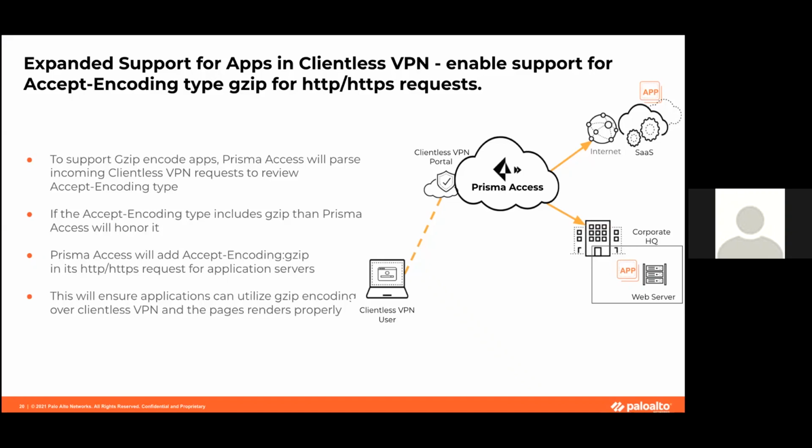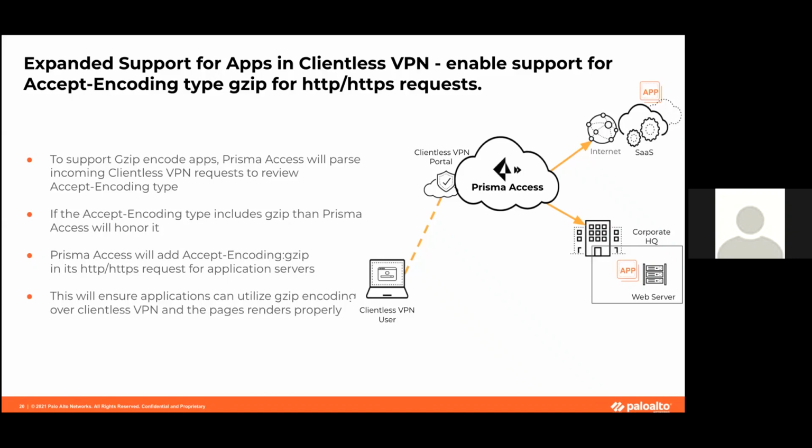Support for gzip encoding ensures that the gzip encoding request within the HTTP header is accepted by the clientless VPN portal. This ensures that content from the gzip compressed web pages is rendered correctly when accessed through the clientless VPN portal.